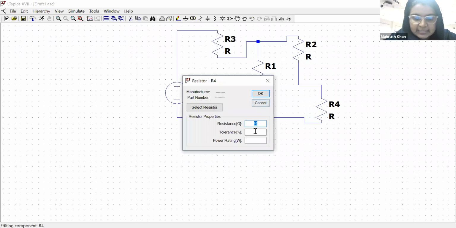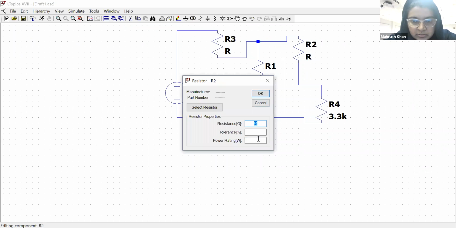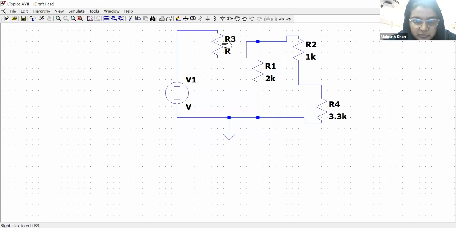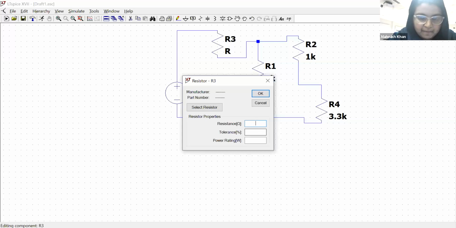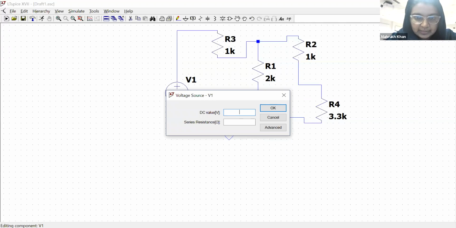So let's say this has 3.3K, I think. And this was 1K. This was, let's say, 2K. I don't remember the values, but I think this was the circuit. Okay, so my question was, let's say this is 9 volts.